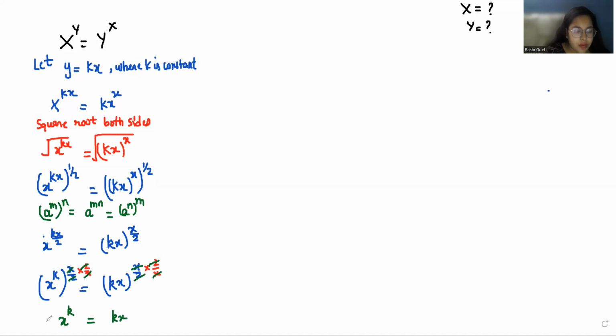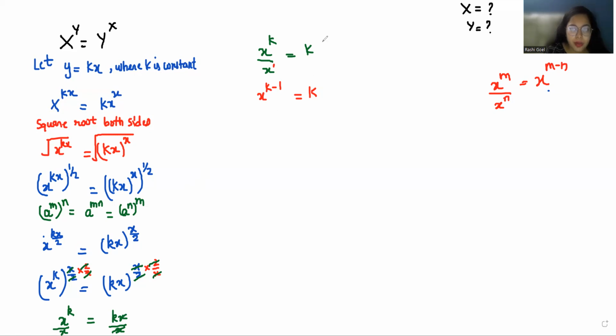Now I'm going to divide by x on both sides, so we can cancel this out. So x power k by x is equal to k. Another exponent rule: x power m by x power n, we can write as x power m minus n. So here x power k minus 1 is equal to k.